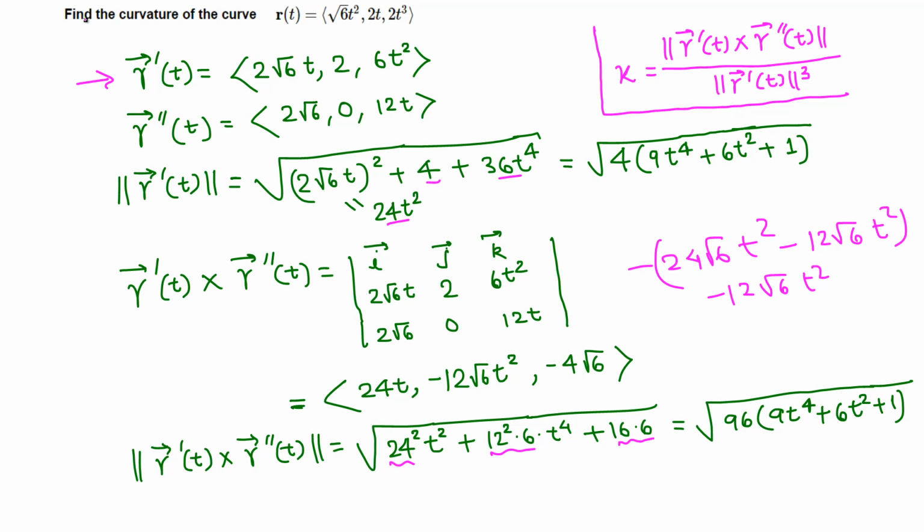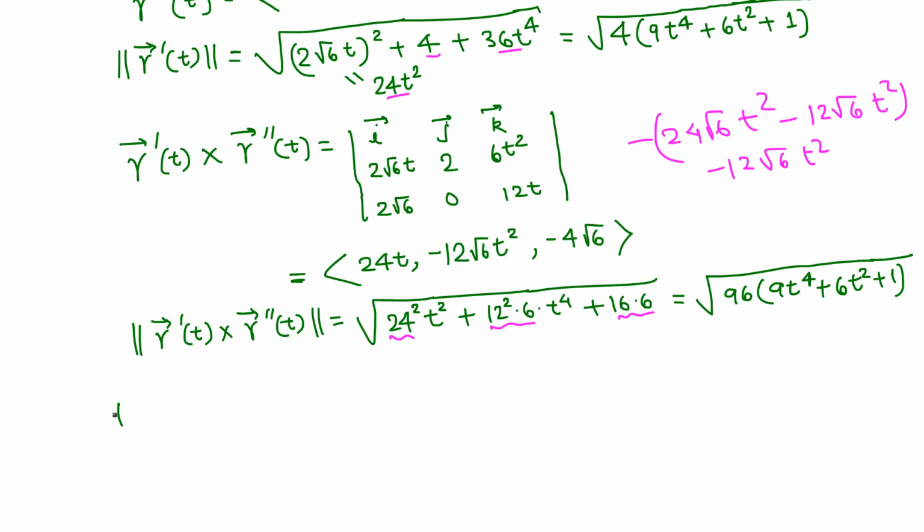Okay, now this goes on the top, and this cubed goes on the bottom. Thus the curvature kappa is, by formula, this goes on the top, so let me write it this way.